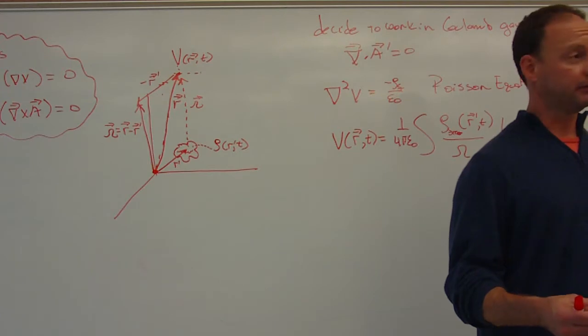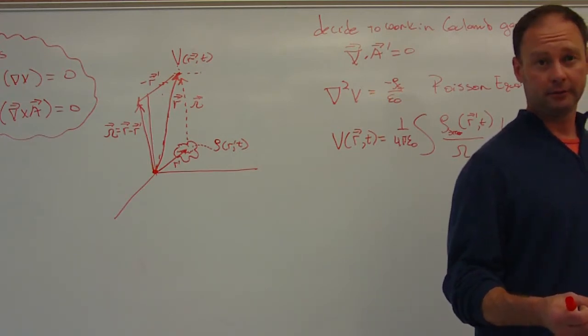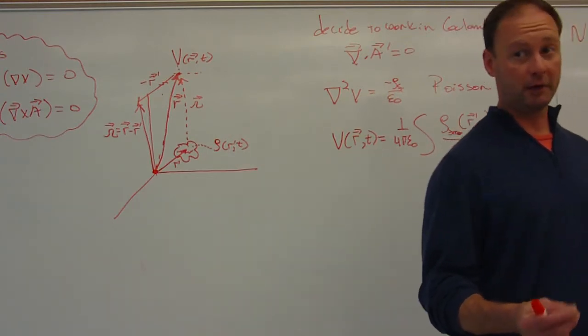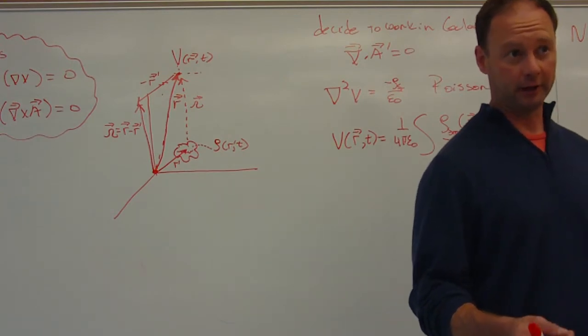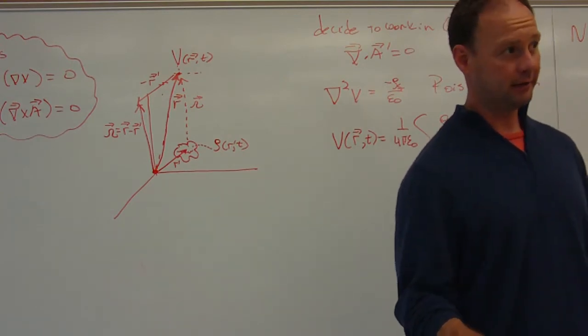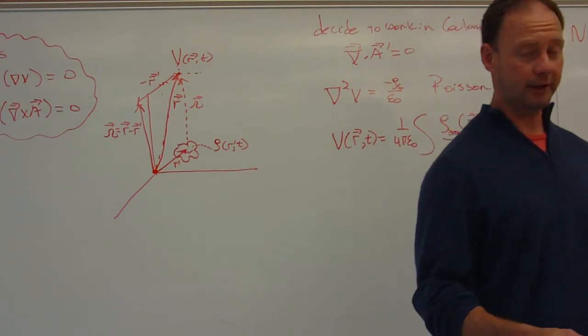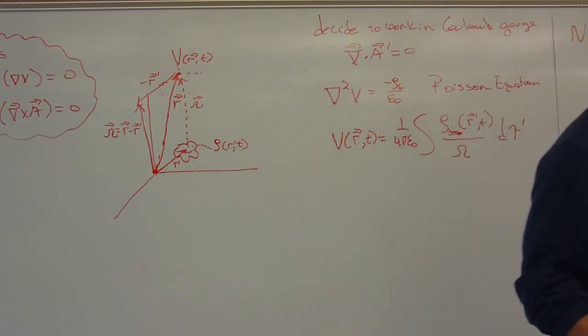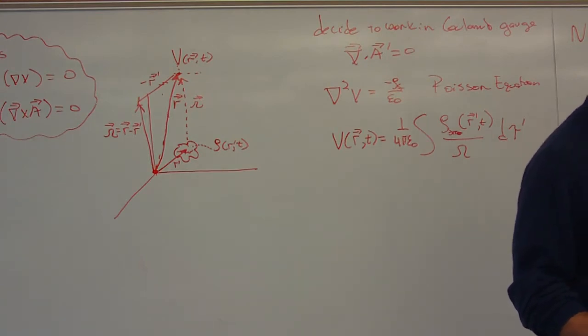In spherical coordinates, it would be r prime squared dr prime sin theta d theta d phi prime.